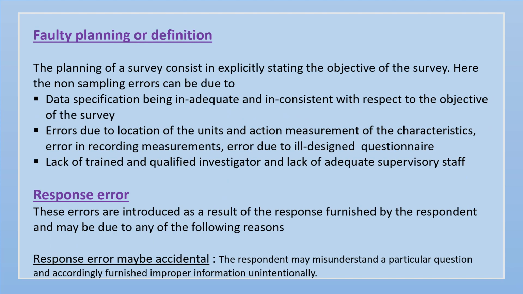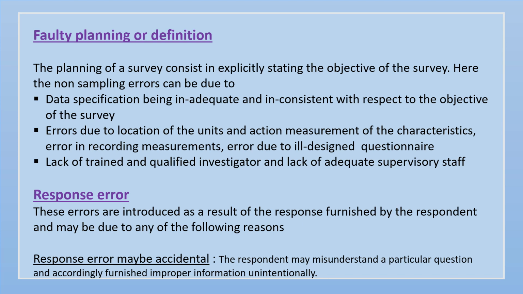Faulty planning or definition. The planning of a survey consists in explicitly stating the objective of the survey. These objectives are then translated into a set of definitions of the characteristics for which data are to be collected, and into a set of specifications for collection, processing and publishing.